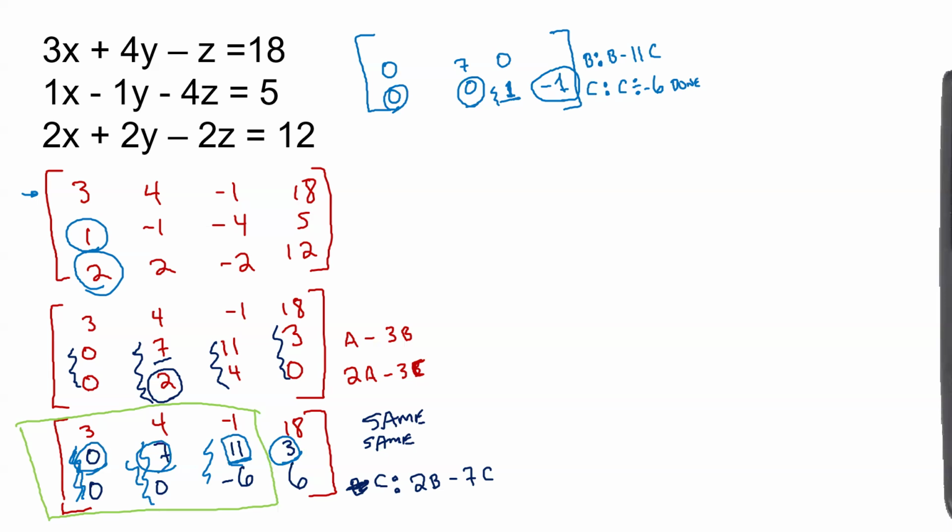Something scooped up here. Let's see. Oh, yeah. 11 times negative 1 would be a negative 11. So 3 minus a negative 11 would be 3 plus 11. And I'm going to get a 14 right there for that one.